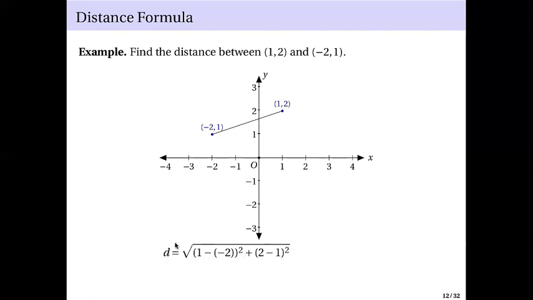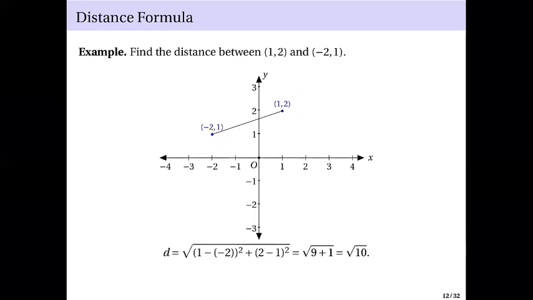You add them, you get the square root. And that will be the distance here. So if you calculated this, we got this 3 already. 1 minus -2, that's 3. And then you square it, that's 9. 2 minus 1, that's your 1. You square it, that's 1. And therefore, you will get the square root of 10.